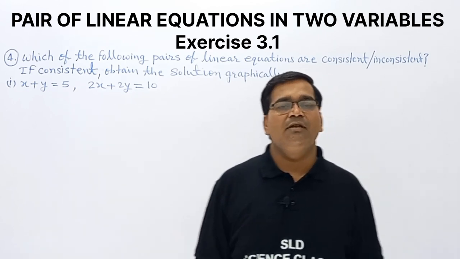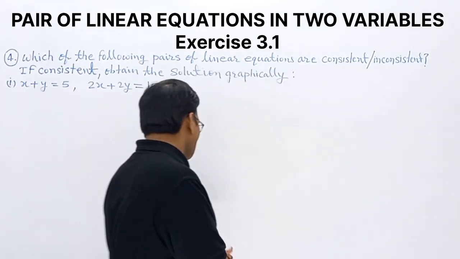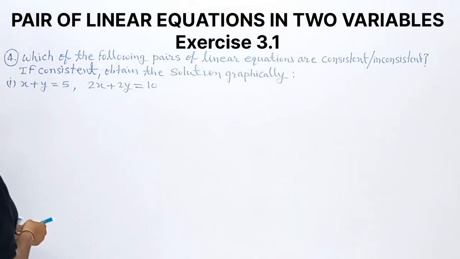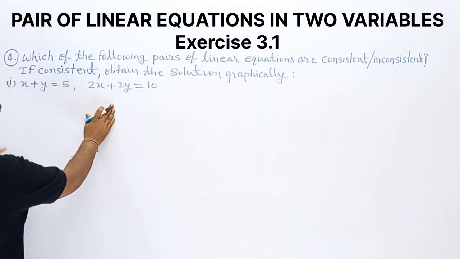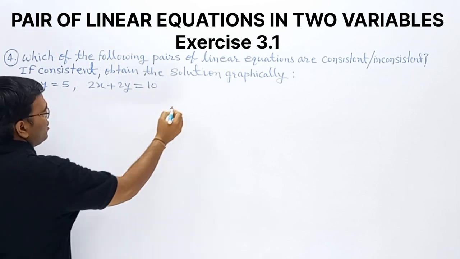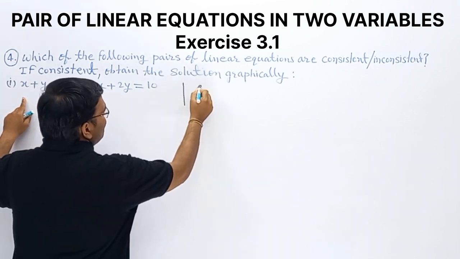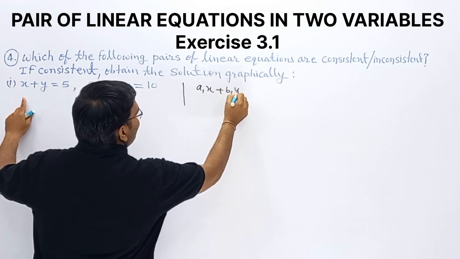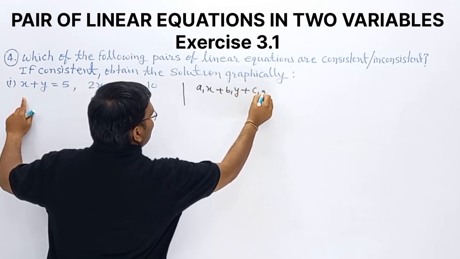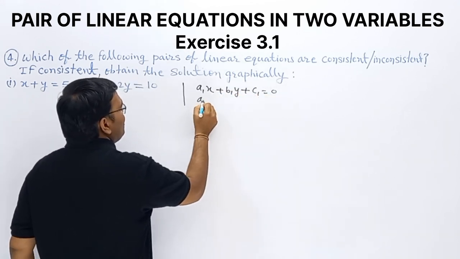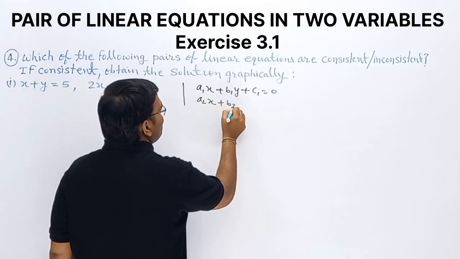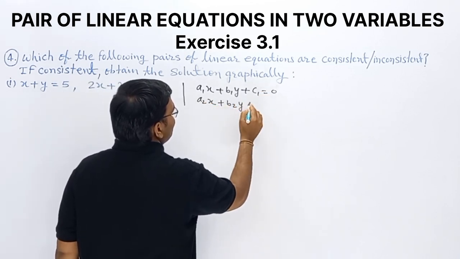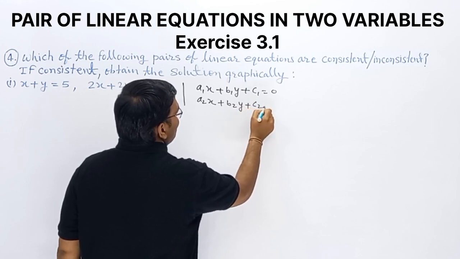We have conditions. So first we will compare these equations with the general equations. So what are the general equations? a1x plus b1y plus c1 equal to 0, a2x plus b2y plus c2 equal to 0.